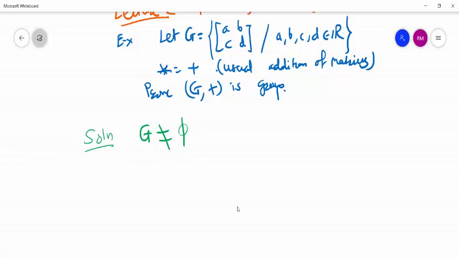G is a group under addition. This is very important. This is a group under the binary operation addition, which should satisfy the closure property. So that proof is required.